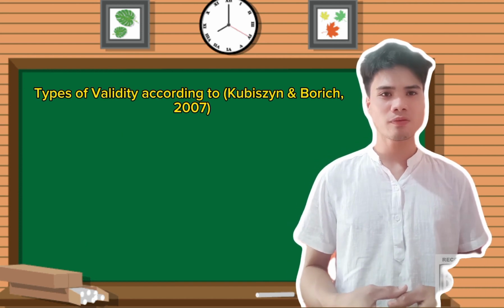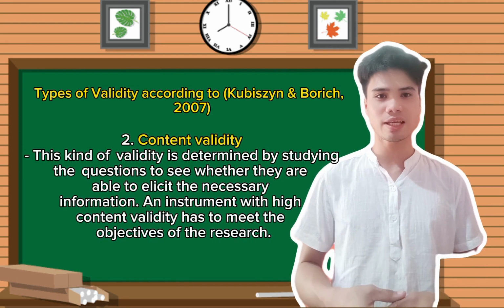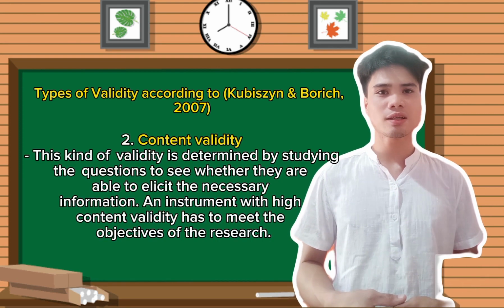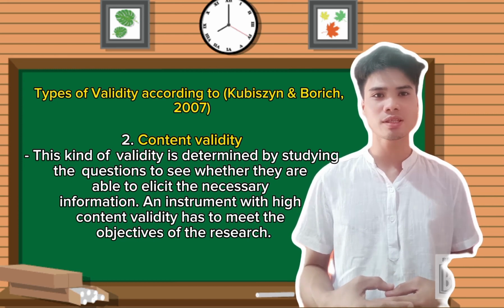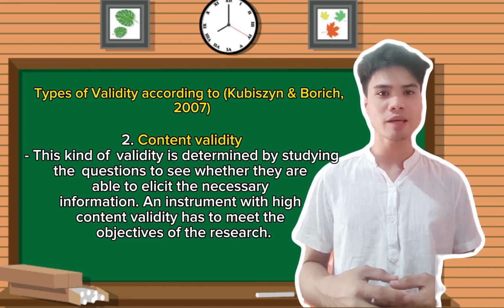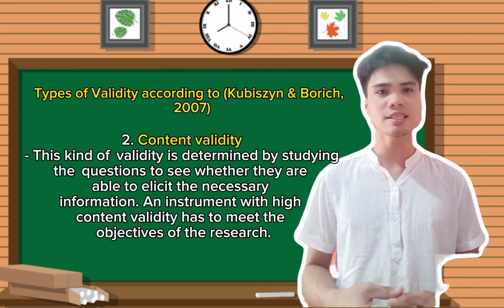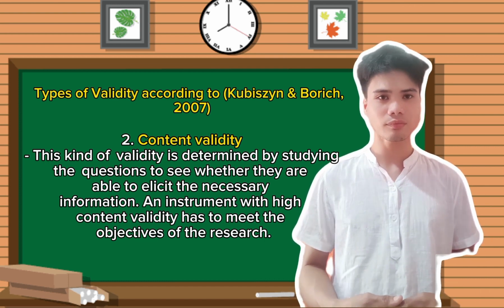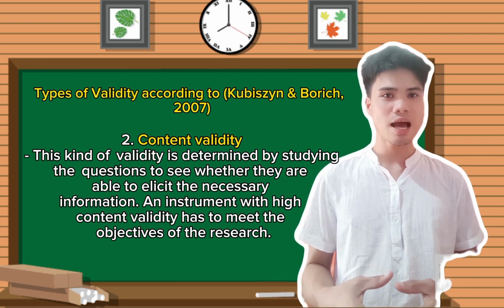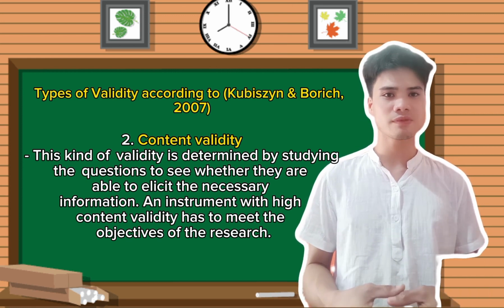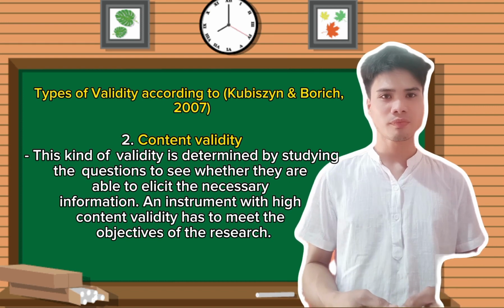The next type of validity is content validity. This kind of validity is determined by studying the questions to see whether they are able to elicit the necessary information. An instrument with high content validity has to meet the objectives of the research.